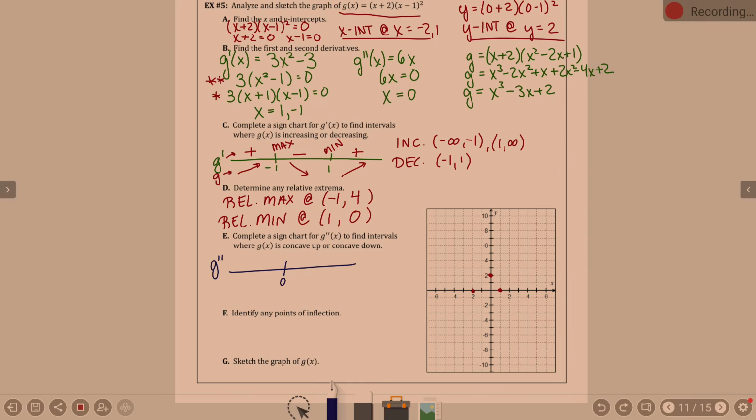My second derivative is 6x. To the left of 0, it's going to be negative. If I plug in a positive, it's going to be positive. So where my second derivative is negative, the graph itself is concave down. When my second derivative is positive, the graph itself is concave up.